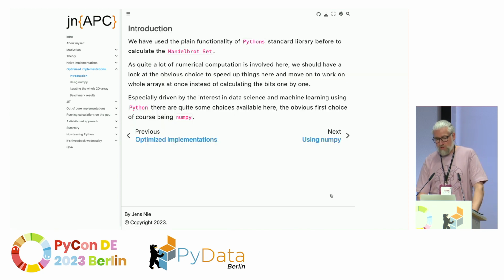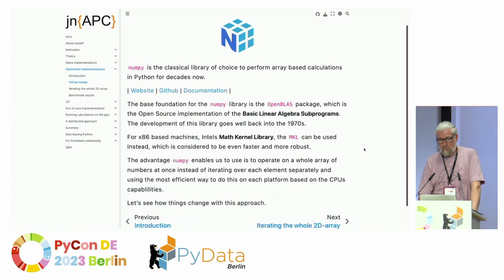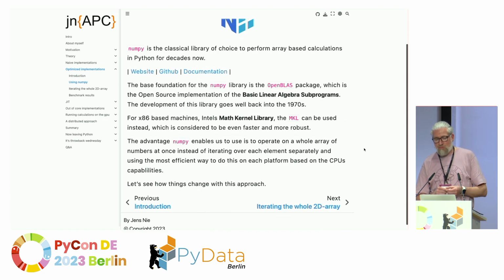So for optimized implementations, the next thing that you probably want to do is, as we have a numerical problem, use NumPy. Things change drastically when doing so. So NumPy is a classical library of choice to perform the array-based calculations. It gets you to the idea to no longer work on a single number one by one, but using the complete array, put it in our iteration process and see where things go.